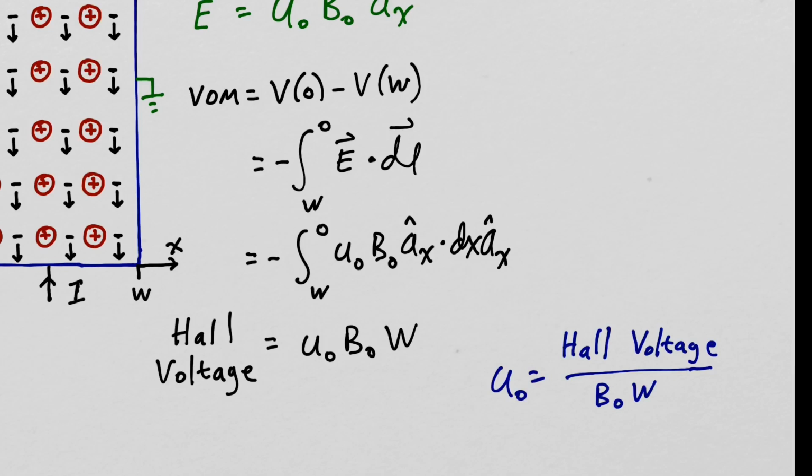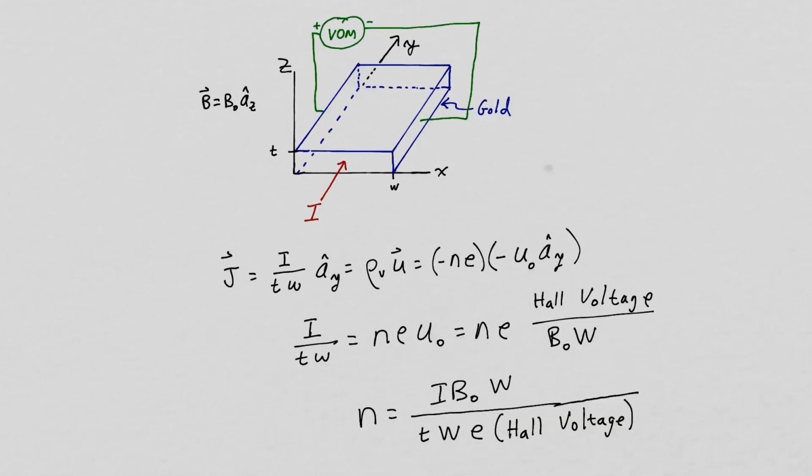We know the current flowing. We can measure that in our piece of gold. So the current density is that current divided by our cross-sectional area, and it's moving in the plus y direction. We also know current density is charge density times the velocity with which that charge is moving. Our charge density is n, the number of conduction electrons per cubic meter, times minus e, the charge on an electron.